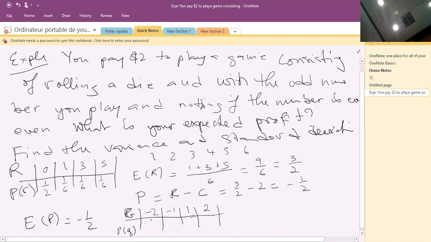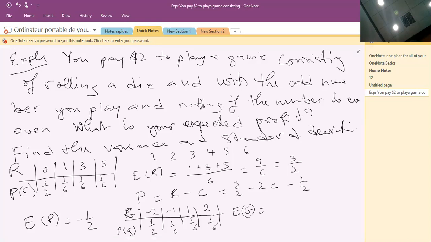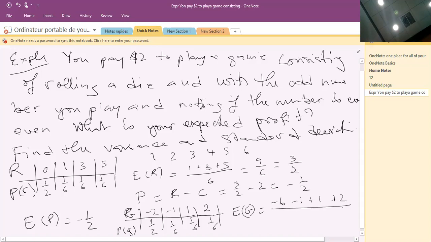The probabilities are 1 over 2, 1 over 6, 1 over 6, 1 over 6. And we will have the expected gain. 1 over 2 is like 3 over 6, so I do the same thing: 3 times minus 2 minus 1 plus 1 plus 2, divided by 6.